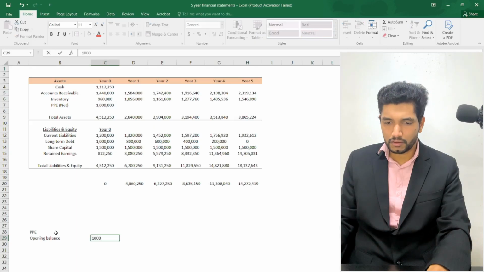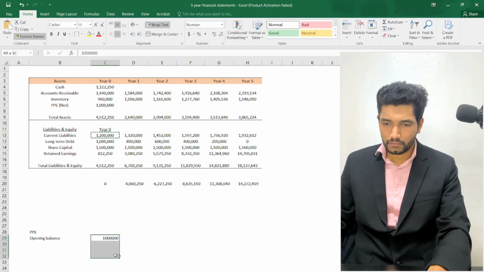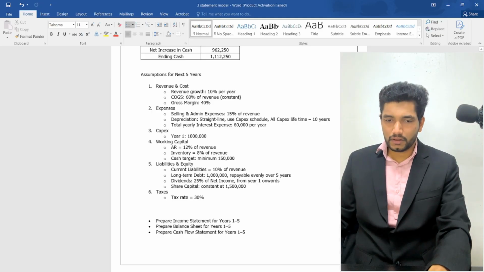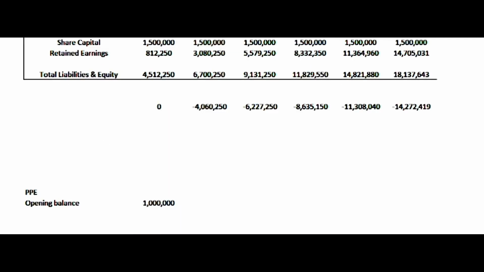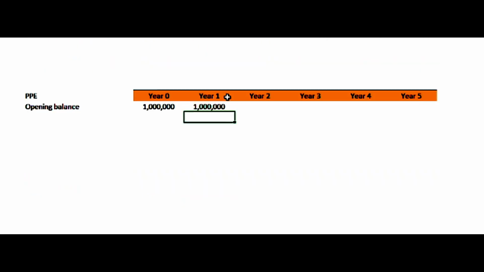Then this is the opening balance in year 0, and in year 1 there is an additional 1 million.